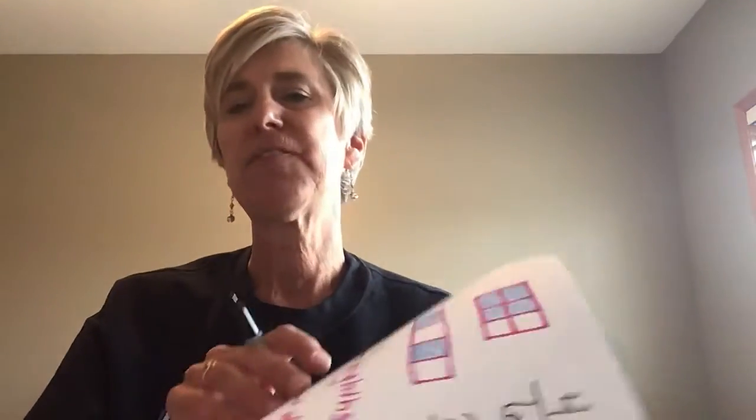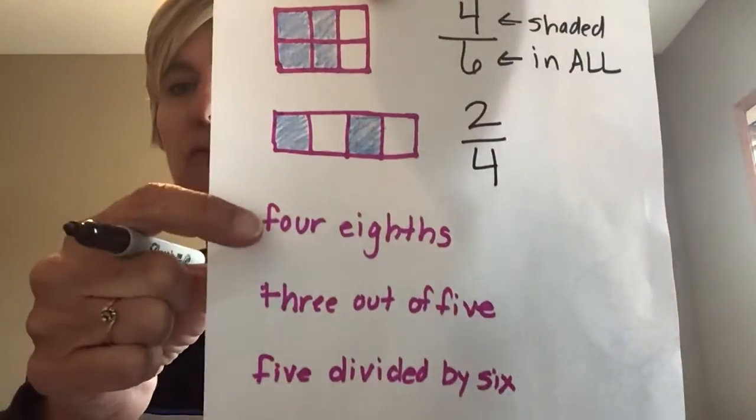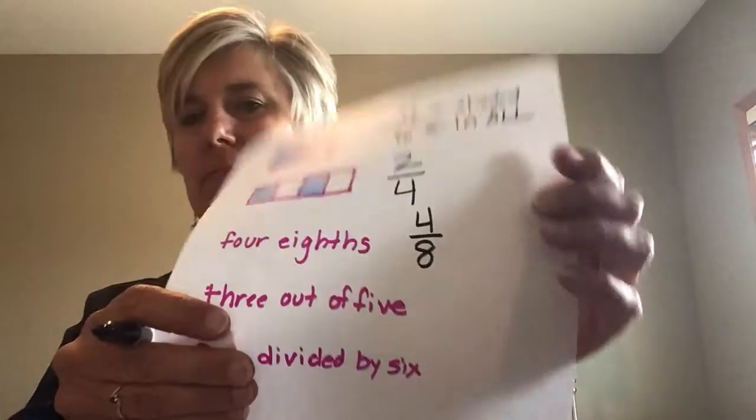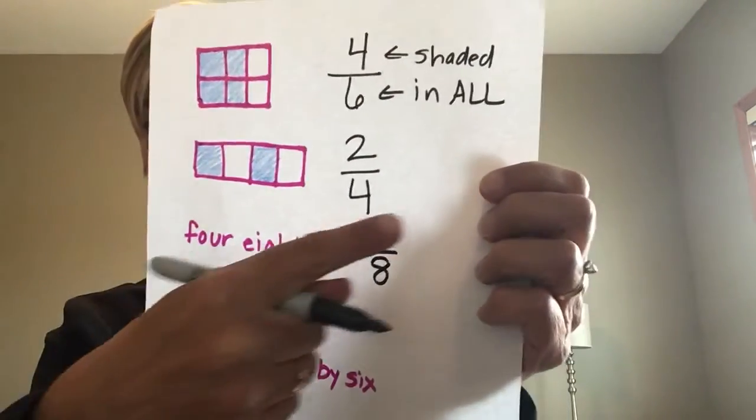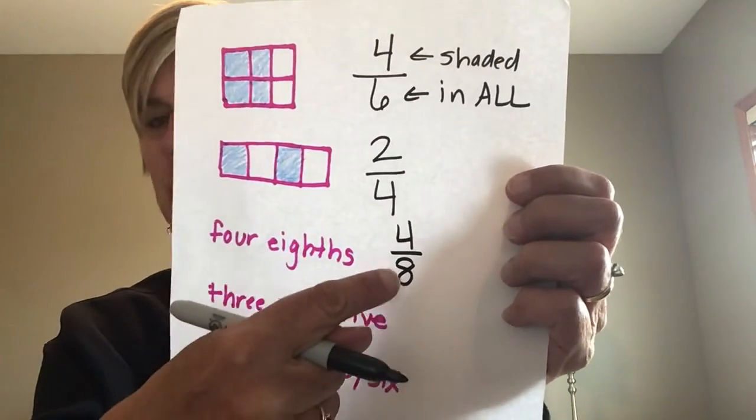Now, sometimes fractions are actually represented with words, and so I have 3 different examples that I want you to take a look at today. The first one is 4/8, and the words, just like when you see a number written in a word form, you're just going to write it 4 on top, and the 8ths, of course, would be the 8 equal parts on the bottom.